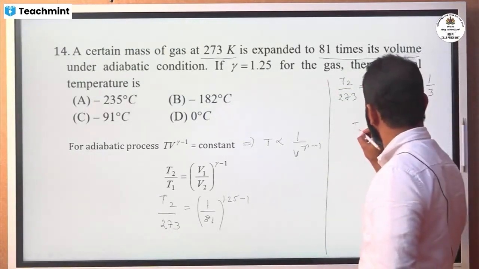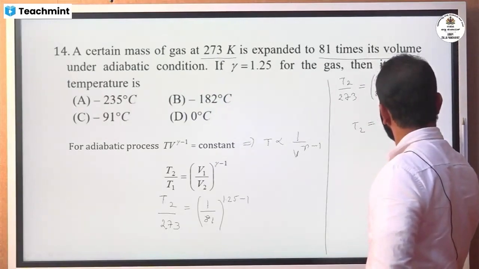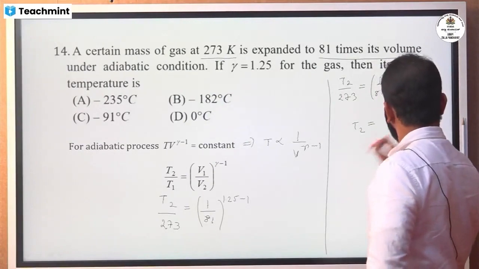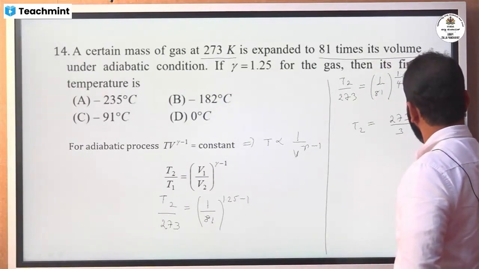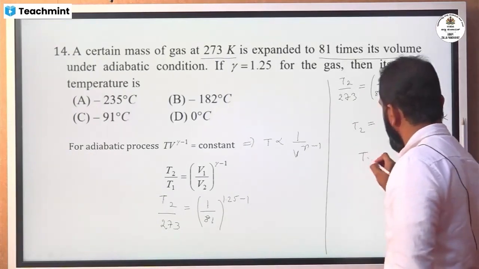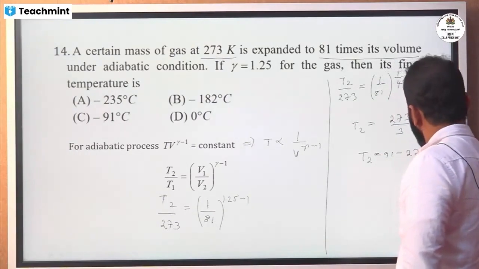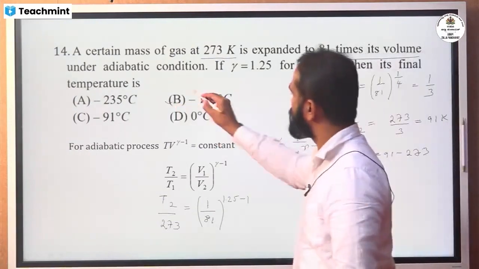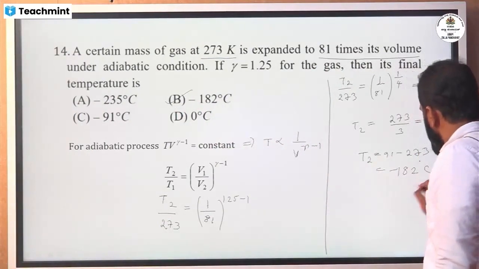So T2 will be equal to 273 divided by 3, which is somewhere around 91 Kelvin. And if you subtract 273, T2 is equal to 91 minus 273, we end up with option 2, that is minus 182 degrees Celsius.